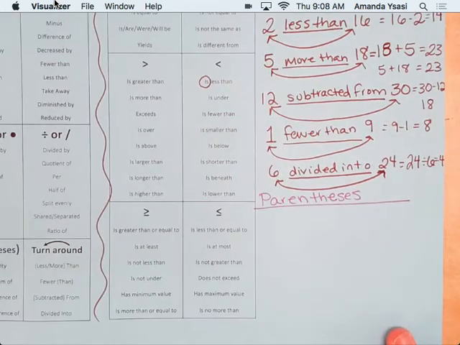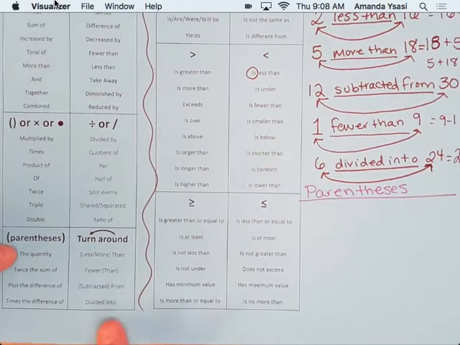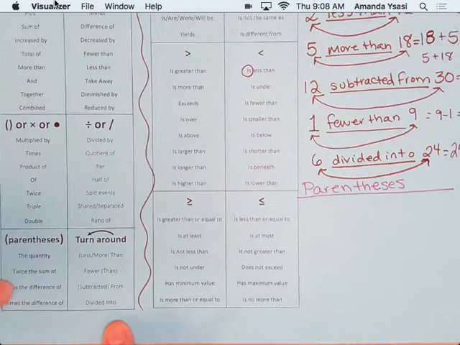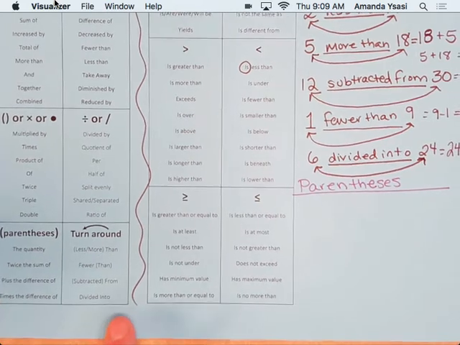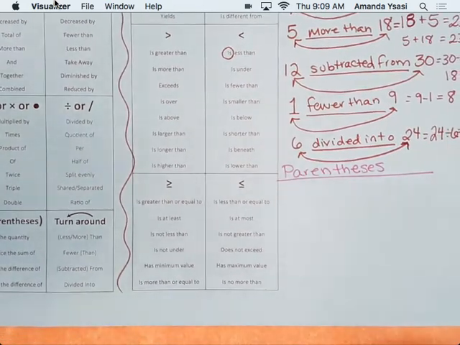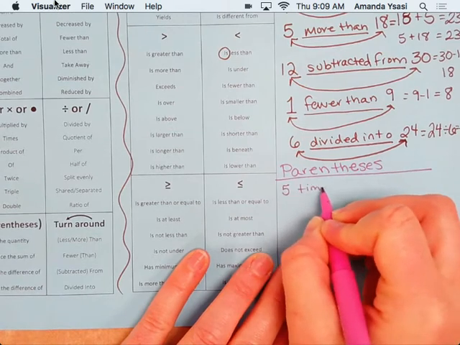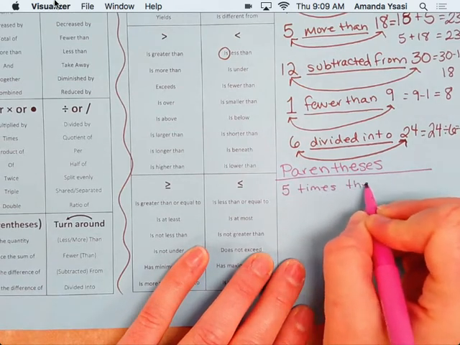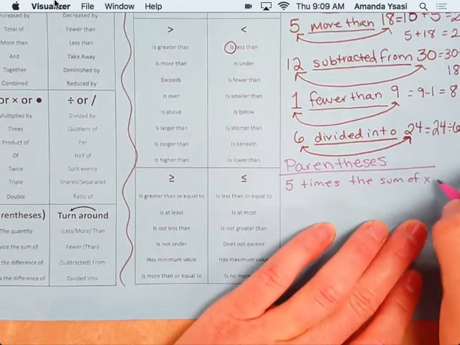So let's see. Parentheses, it says the quantity, twice the sum, plus the difference times the difference. So we're going to write two examples. 5 times the sum of x and 2.